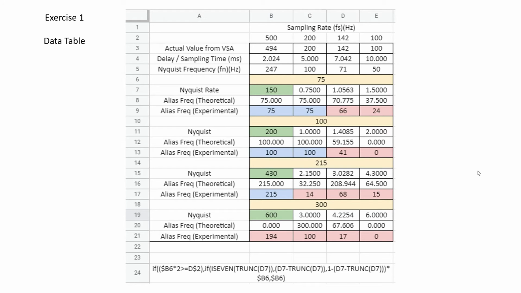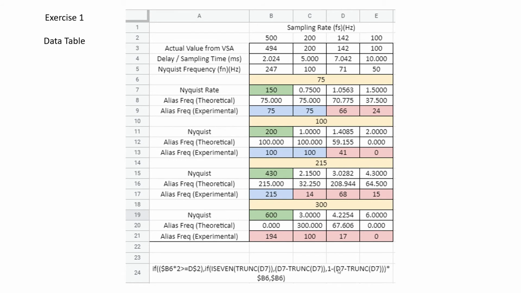This is how I calculated my theoretical alias frequency using this formula I made here. So if our sampling rate is less than double our source frequency, we're going to go through here and actually truncate. Well, if the ratio is even, we are going to then go one way up the folding graph, and if it is odd, we're going to go the opposite direction of the folding graph.